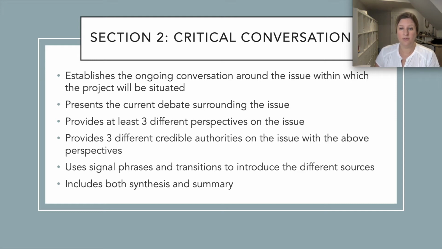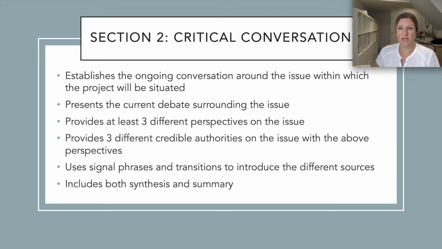The reason for the 3 perspectives is that I've asked you to avoid choosing a topic that is either pro, con, for, against, yes, no, because those sort of dichotomous types of research questions and research projects usually ignore the nuance of an argument.